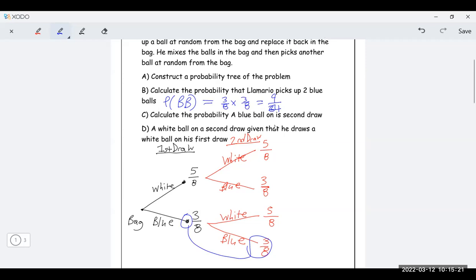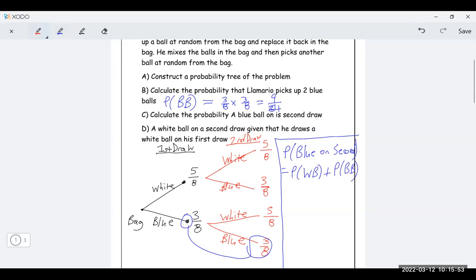Now part C says, calculate the probability a blue ball is on the second draw. Now, for part C, if the blue ball is on the second draw, we don't care what's on the first draw. Probability of blue on second. As long as blue's on the second, we can get a white first, then a blue, plus, or we can get a blue, then a blue. Make sense?